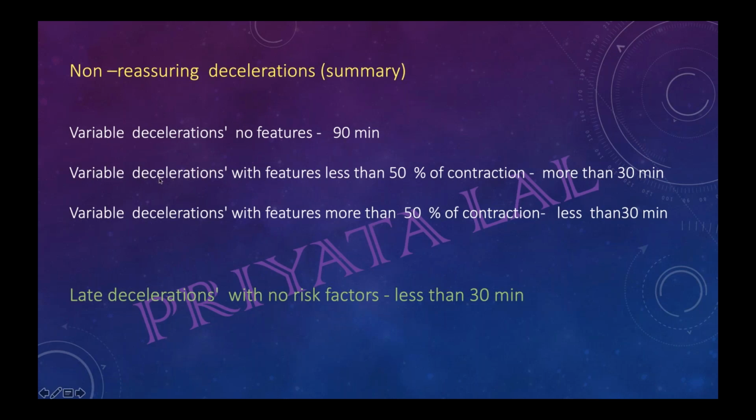Second, if we have deceleration but with fewer contractions, the time should be more than 30 minutes, then we will count this as 1 NR feature. And this is totally opposite: if it is present in more than 50% of contractions, then the time duration can be less than 30 minutes, and it can be an NR feature. So these two things are totally opposite. Less contraction, time is more; more contraction, time is less.